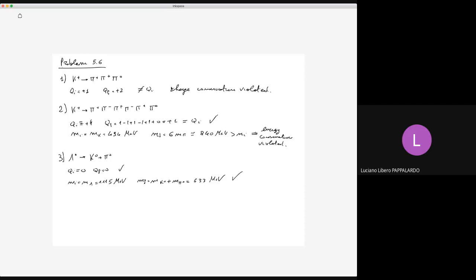What is the problem here? Baryonic number? Yes, correct. In the initial state we have a baryon. In the final state we have only mesons. So it's baryonic number violation.